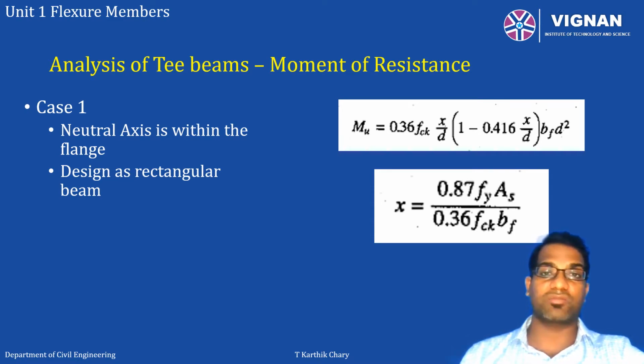And the neutral axis depth can be calculated as XU equals 0.87 FY AST by 0.36 FCK B. Now here we won't consider the breadth of the beam. Here the breadth of flange is considered because our neutral axis is within the flange. So we substitute breadth of flange in place of B. Case 2 and case 3 moment of resistance calculations we will discuss in the next class.